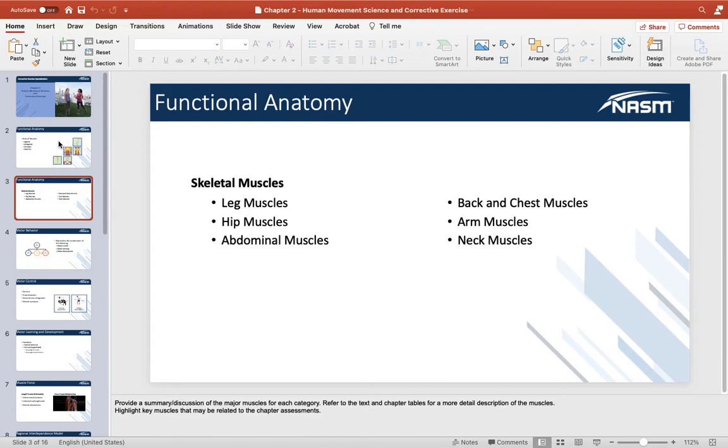Whereas your chest could be anything from pec major, minor, because we're talking about gross musculature here. And then arms, your tris and bis, and then your neck, the sternocleidomastoid, levators, any of those areas.